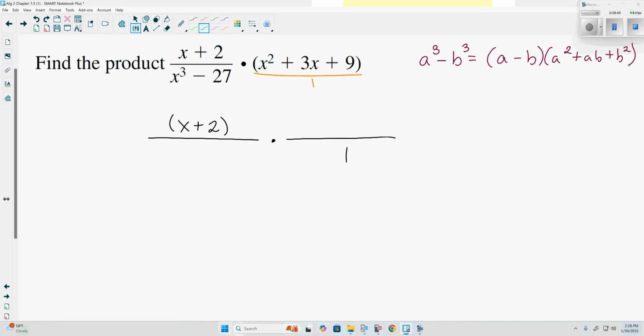Now we will need to find the a and b terms that will be plugged in. To find that, we match it up with our terms that are given. A cubed matches up with x cubed, so to find the a value, we just take the cube root of it, x. So in all the a's over here, we're going to plug in x.